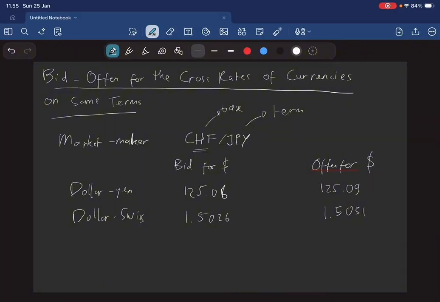To get the bid side of the cross, buy the base and sell the terms of the cross. So, bid cross: buy the base, sell the terms.